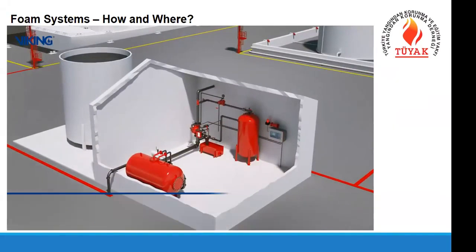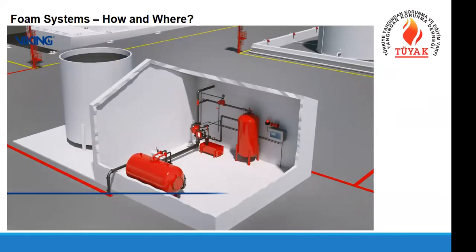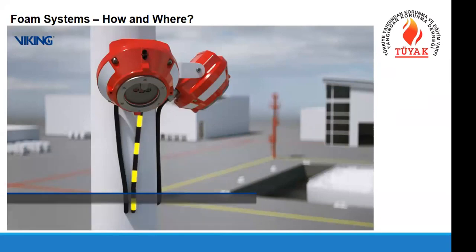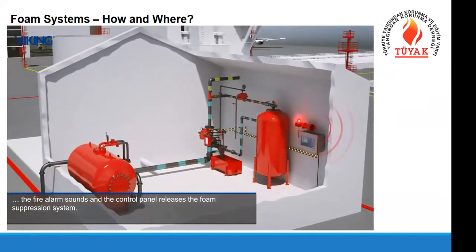We have foam tanks and a specialized center controlling the foam system. It works by using the detectors in the system, flame detectors or fire detectors, informing the system that we have a fire in the facility.